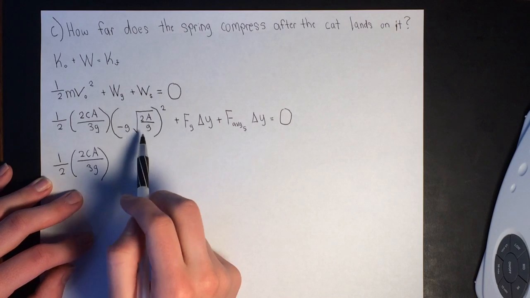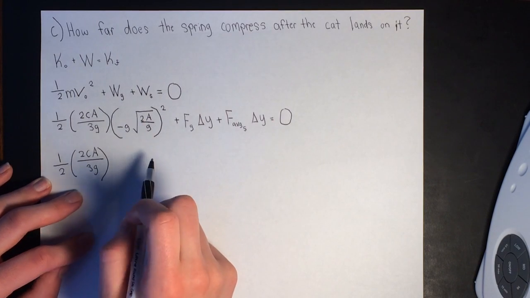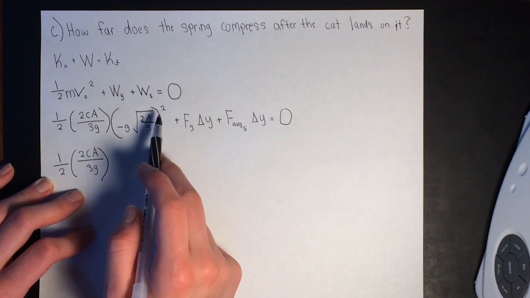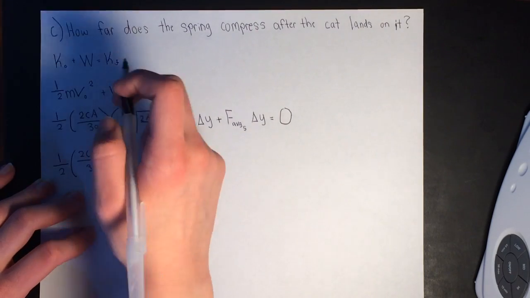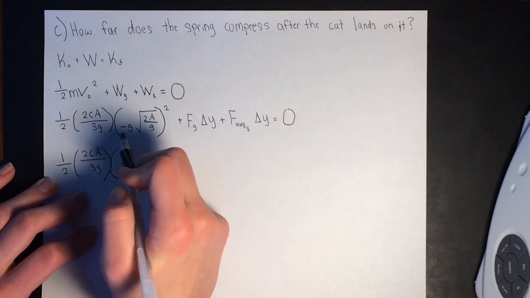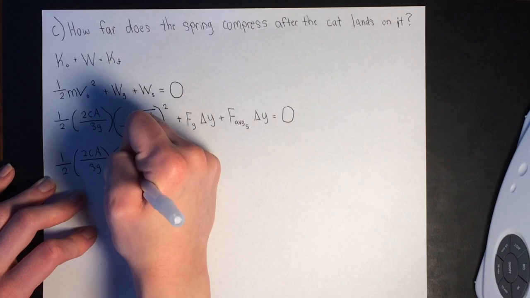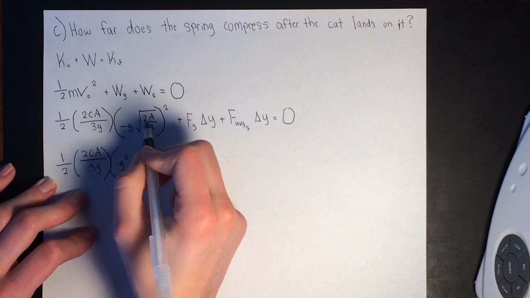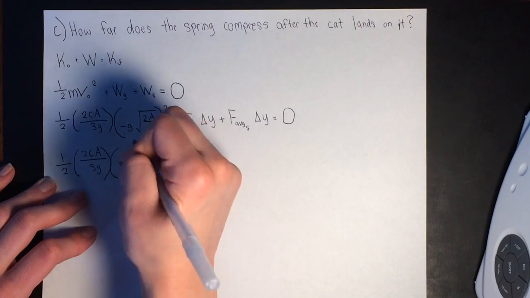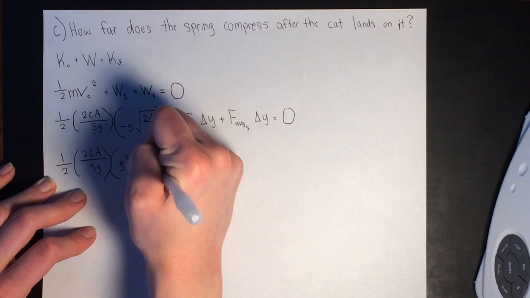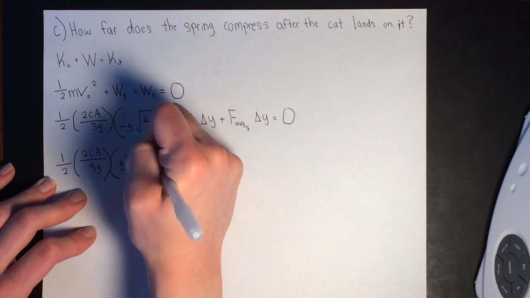When dealing with this term here, since it's squared, we can distribute the squared. So negative g squared is g squared, and the square root of 2a over g squared is 2a over g.